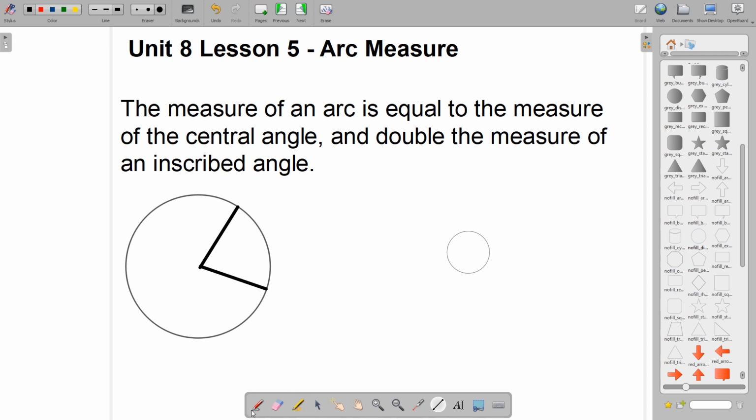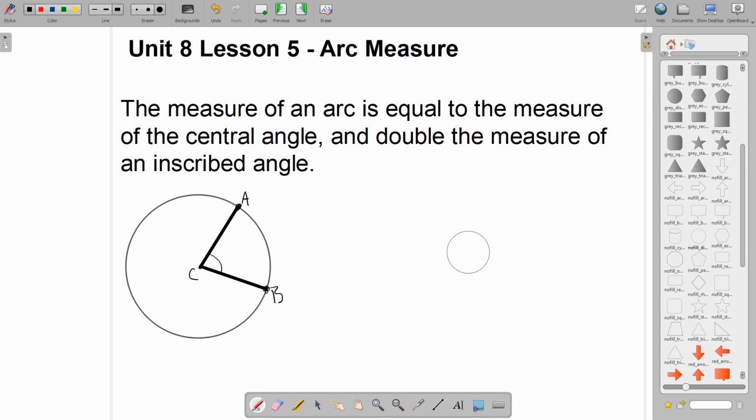Now when I say arc measure, what I'm talking about is an angular measure for the distance around the circle. Now, if I say arc length, I'm looking for the measure of that in feet, meters, inches, whatever. But if it's arc measure, we'll call these A and B, and we'll call the center C. If it's the arc measure, it's how many degrees the central angle would be.